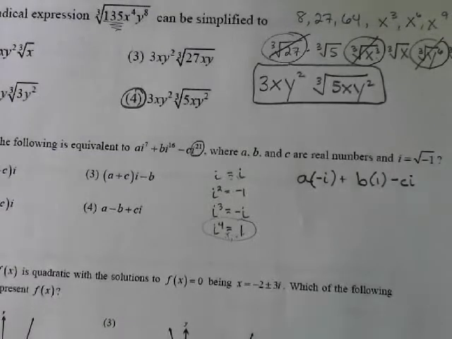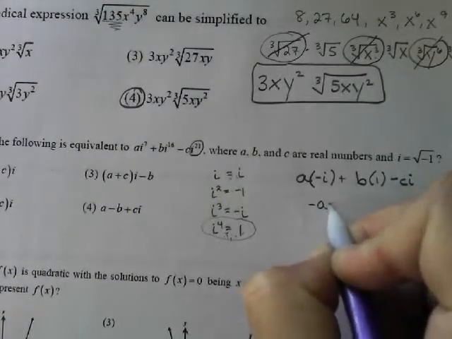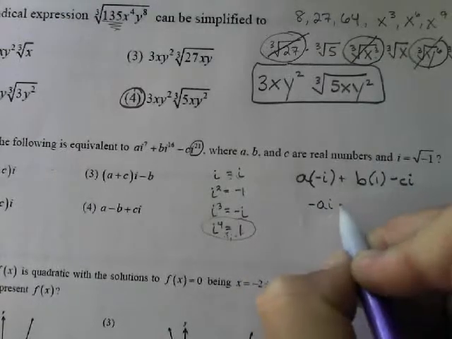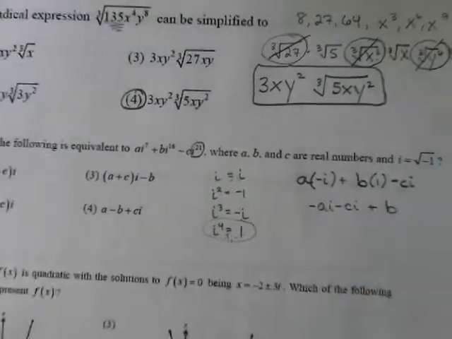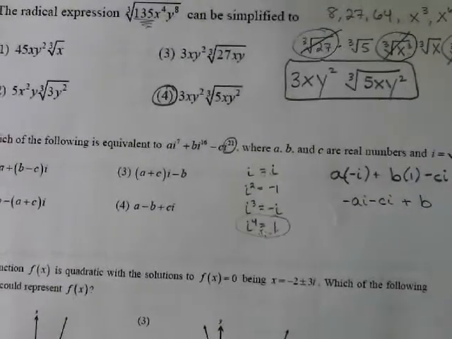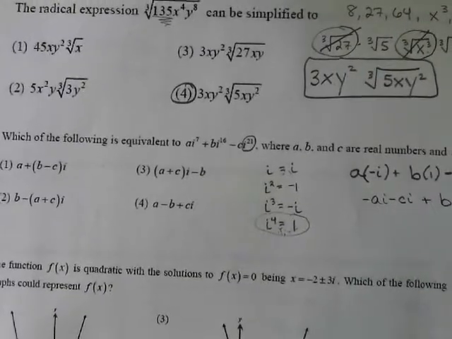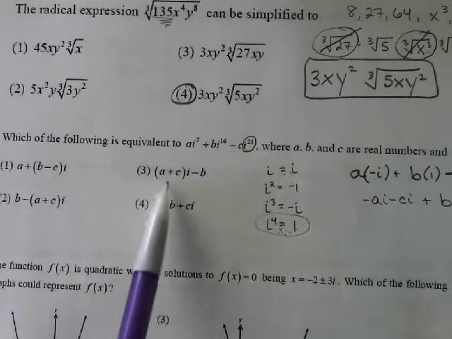And then simplifying that, -Ai, and I'm going to put the minus Ci there as well, plus just a B. And if you look at your answers on this one, nothing really matches that exactly, but that's because, what have they done? In these 3 cases anyway.